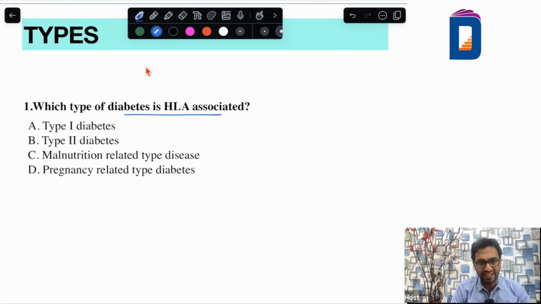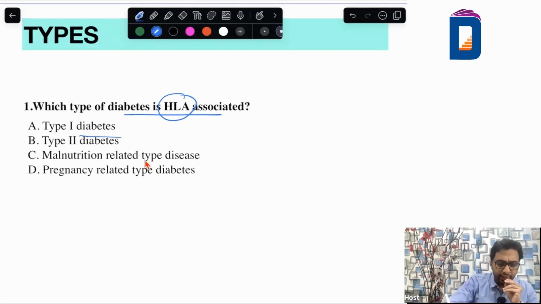It is an area on your chromosome which is associated with various diseases, especially autoimmune diseases. The moment I said autoimmune disease, the answer is type 1, exactly. Type 1 is autoimmune and therefore it is HLA associated.